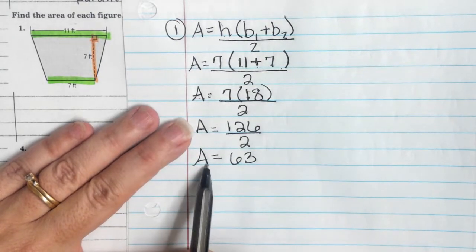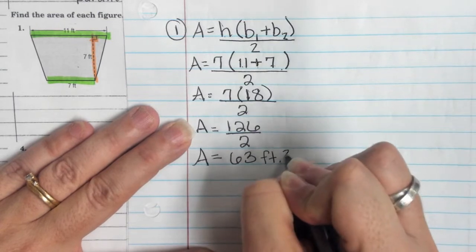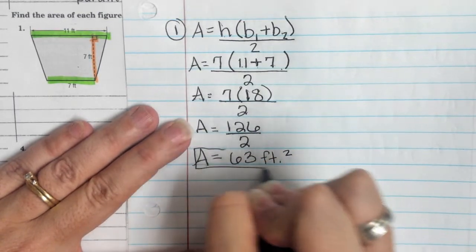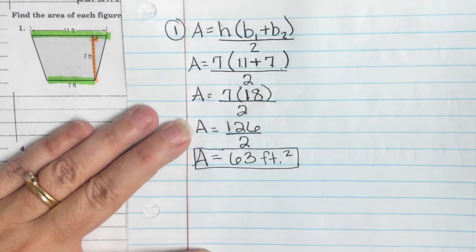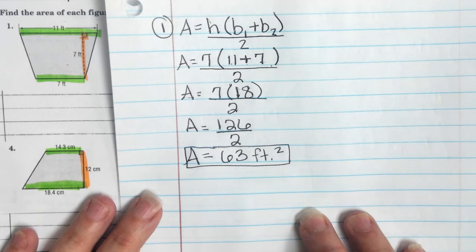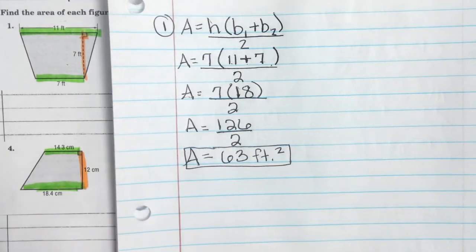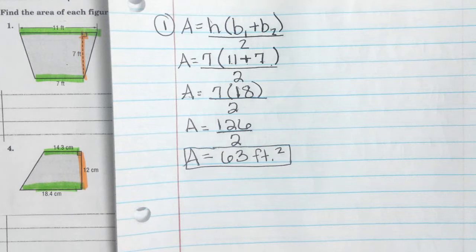Okay. Now, it is area, so I look back at my picture. It's feet, and it is squared because it is area. Is it okay if you don't put the equal sign? Put the equal sign. Get used to it, guys. There's a lot of teachers who would take off for that. I am recording? Yes. Good. I'm supposed to be.